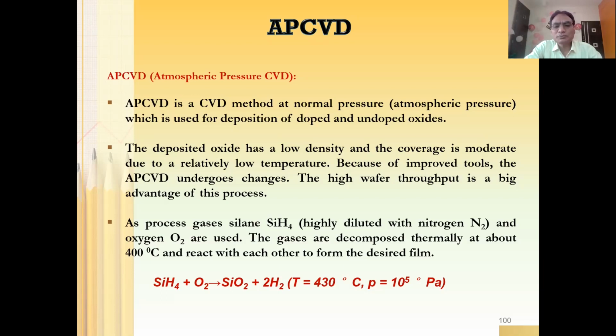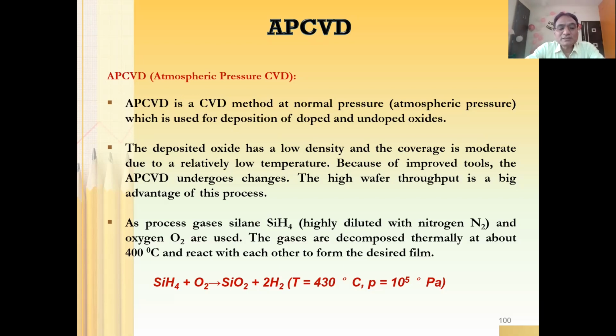The high wafer throughput is a big advantage of this process, because if the reaction zone is broader, you will be able to insert a larger number of wafers on which the desired material, the SiO2 layer, can be deposited.